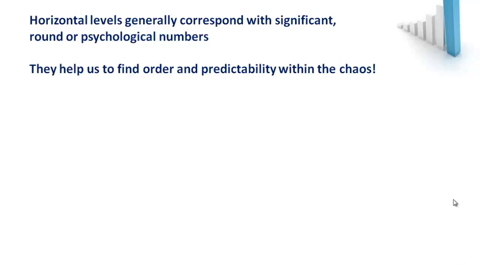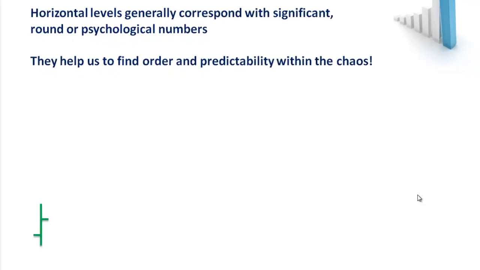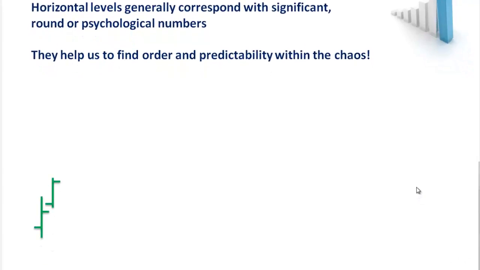Don't forget that the currency markets are a random mess of chaos, whereby anything can happen at any time. Our job as a technical trader is to simply find order amongst the chaos, and we can do that by drawing levels. It gives us a much higher chance of getting high probability moves.